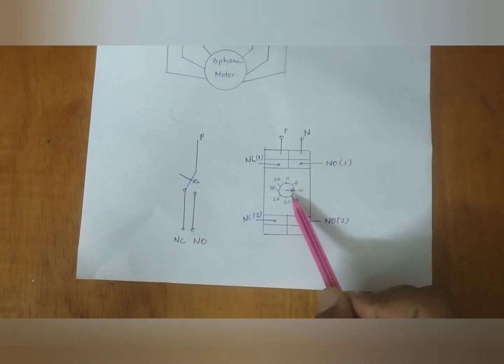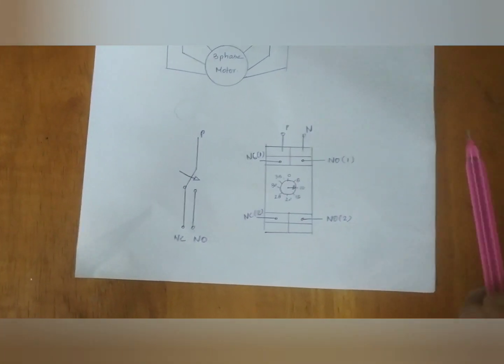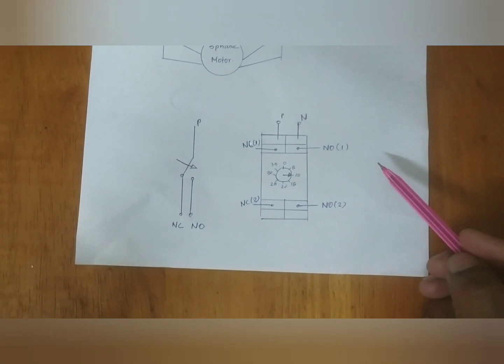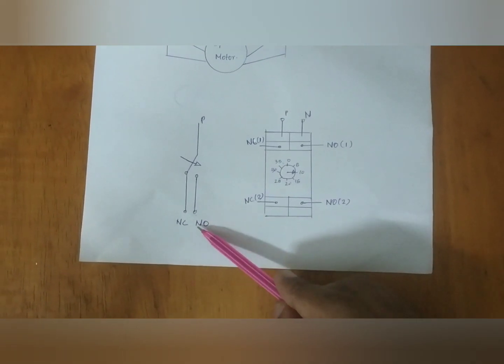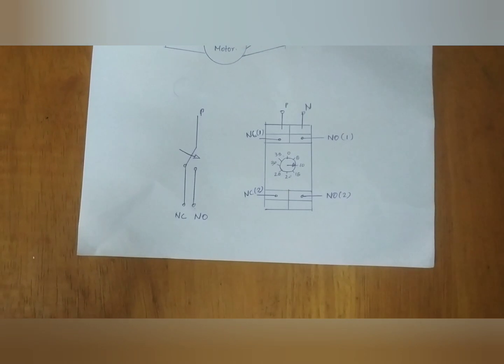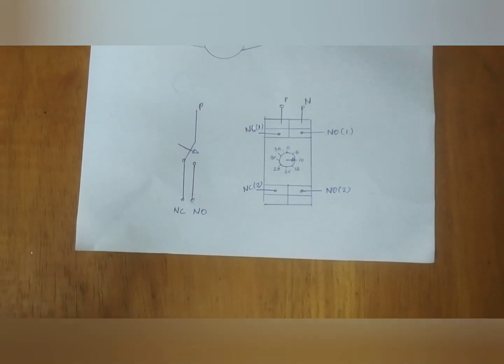There is a provision for adjusting the time set, which can be 0, 5, 10 or whatever. And let's assume that we have set the time for 10 seconds, and in the first 10 seconds a control voltage will be available in both the normally open contacts, and after the 10 seconds the control voltage will be available in the normally closed contacts.